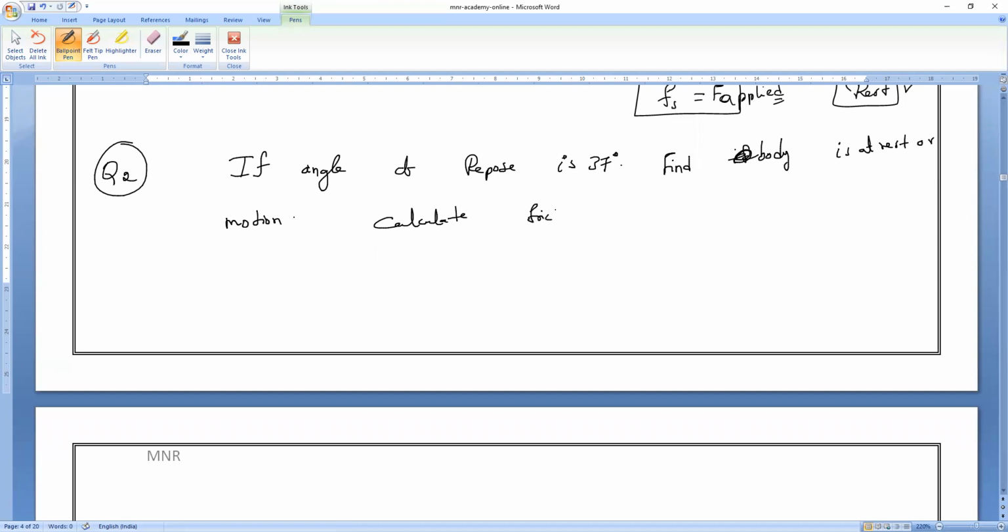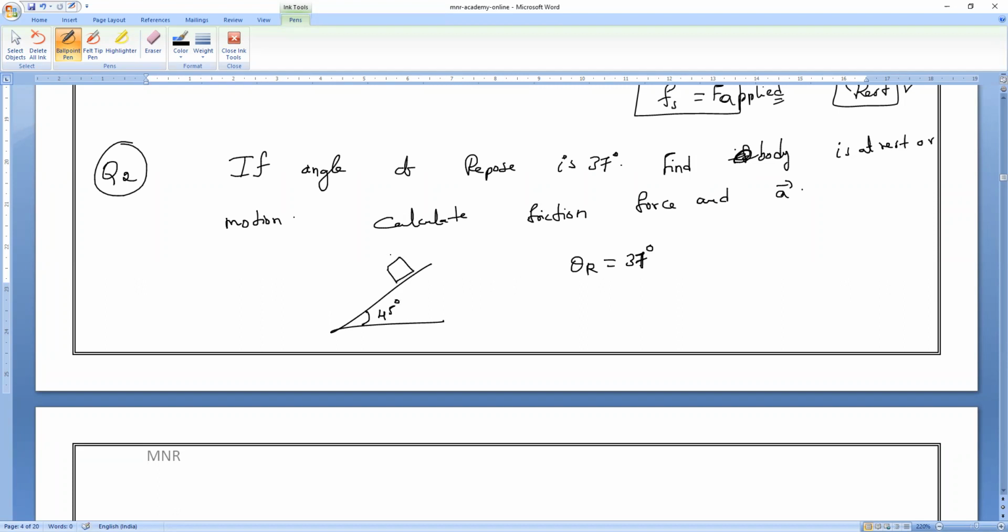Calculate friction, force, and as well as acceleration. Keep in mind, what is the angle of repose given? 37 degrees. So the inclined surface angle is 45 degrees.